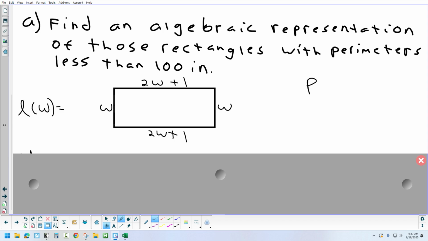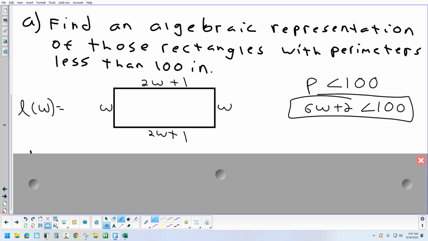And we know that the perimeter is less than 100, because that's what it says. What's the perimeter of that rectangle, as simplified as you can do it? 6W plus 2. There you go. So that's an algebraic representation of the rectangles that have a perimeter of less than 100. 6W plus 2 is less than 100.